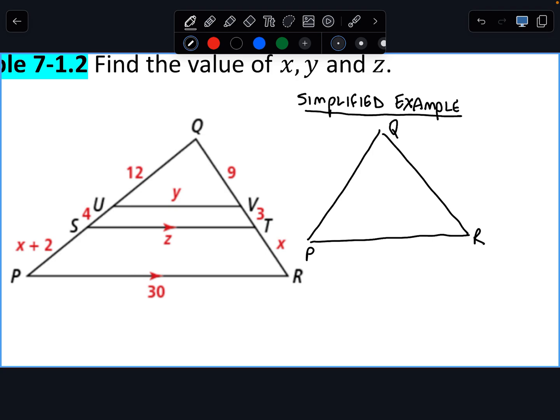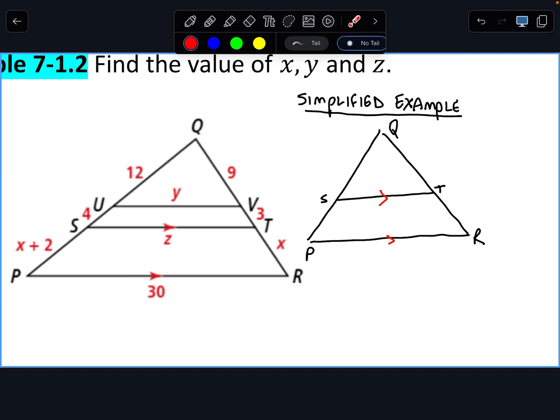And I'm going to draw in segment ST, which is parallel to PR. So now I have parallel lines in my triangle, and what that tells me is, however QS relates to SP, QT will relate to TR in exactly the same way.